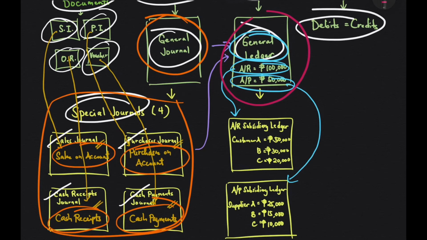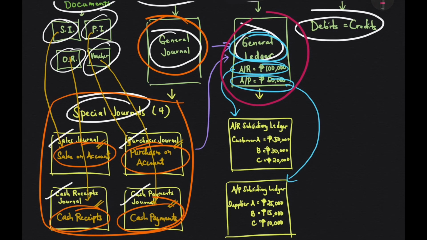It will not give you how much each of your customers owes you and how much you owe each of your suppliers. But in the subsidiary ledgers, you get to see your receivables from each of your customers and your payables to each of your suppliers. This is the reason why accounts receivable and accounts payable are set as control accounts and elaborated in the subsidiary ledgers.